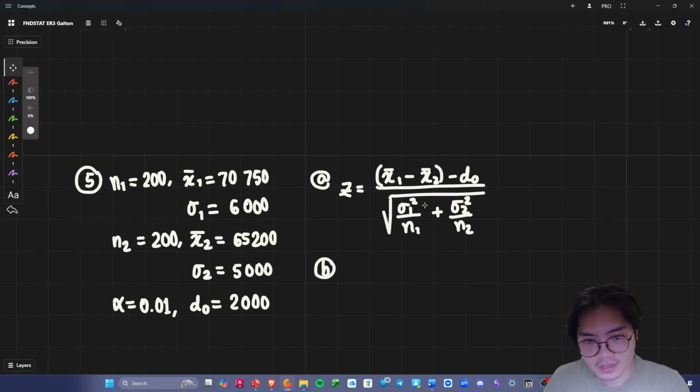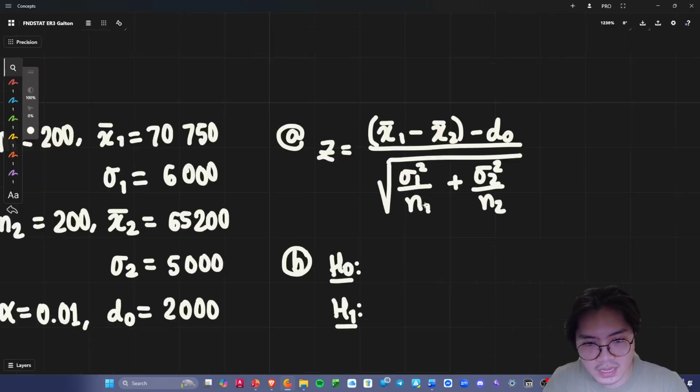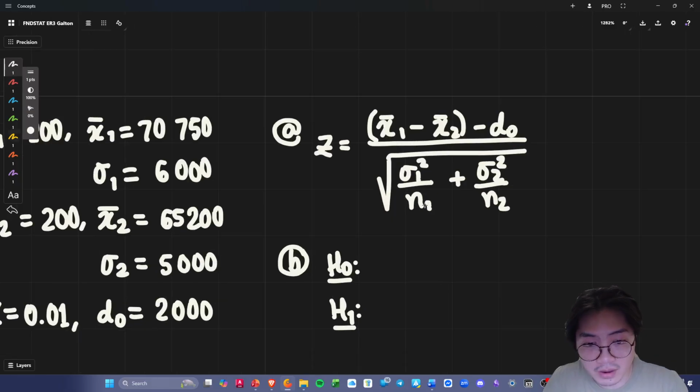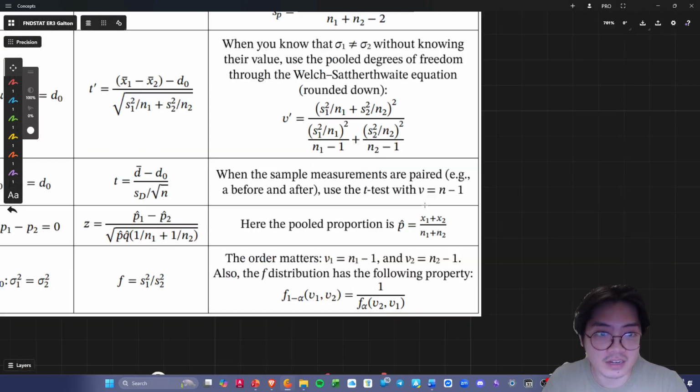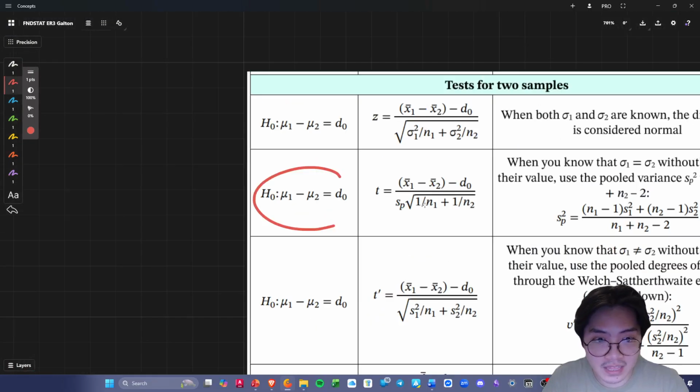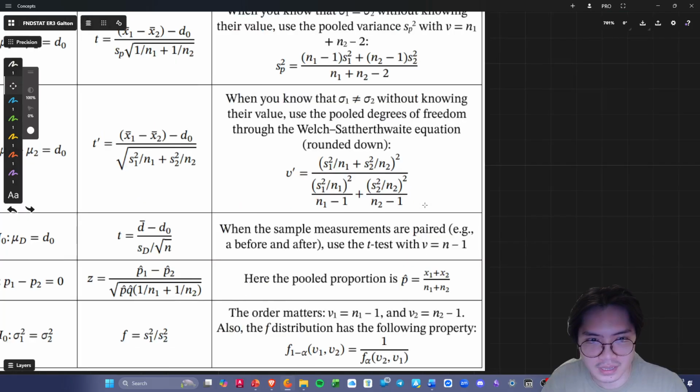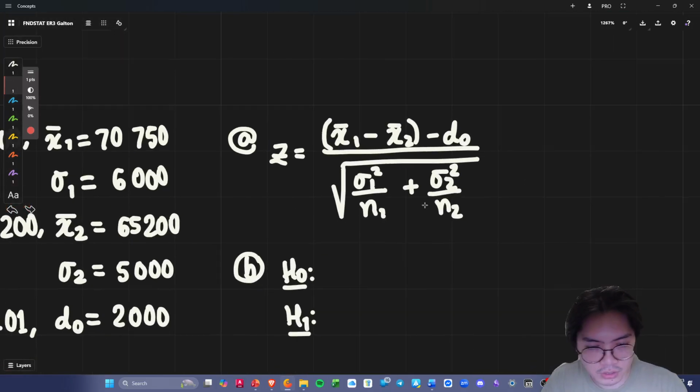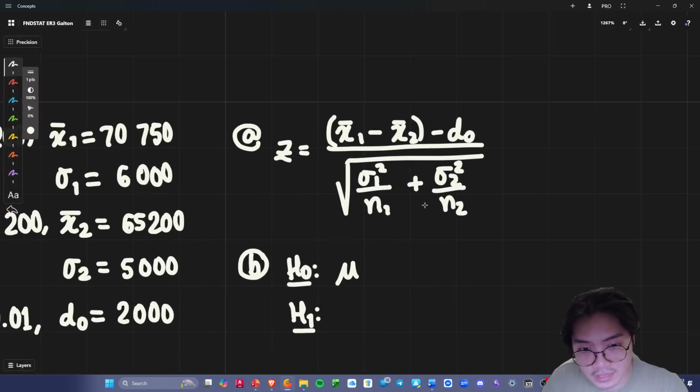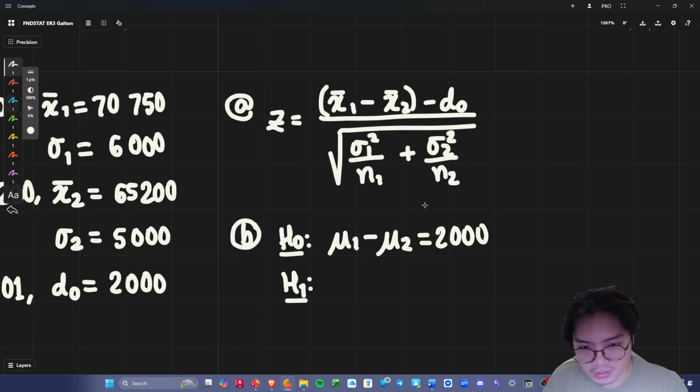Letter B. Now we will have our null hypothesis and our alternative hypothesis. Here we are assuming that nothing happened. Our H0 is such that the difference is just $2,000.